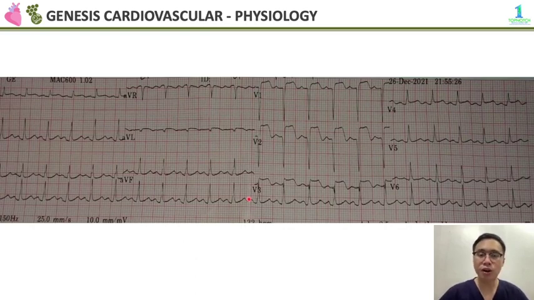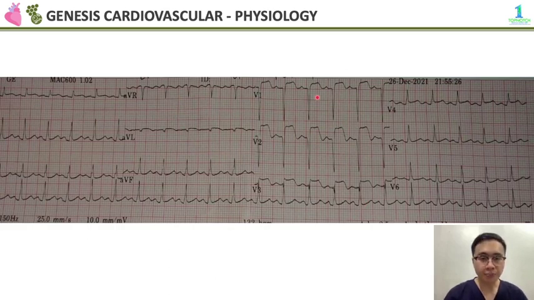Is there presence of hypertrophy? How do we look at that? Our P wave, is it more than 3 small boxes wide? Its height, is it more than 2.5? No. So most likely, you do not have LAA, you do not have RAA. Do we have LVH? Where do we look for LVH? Sokolow-Lyon.